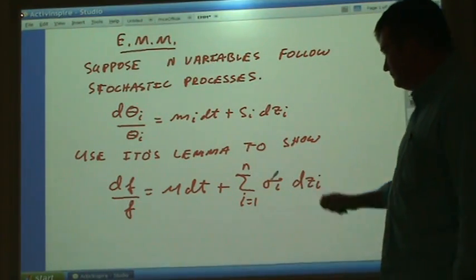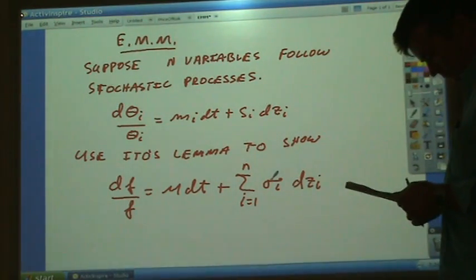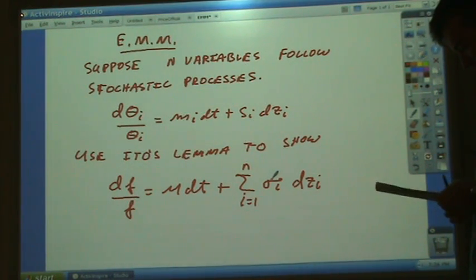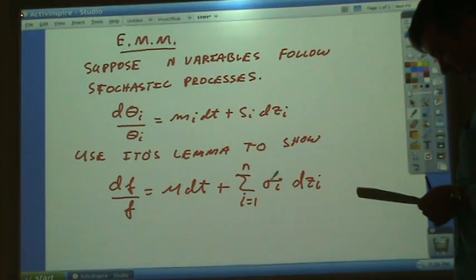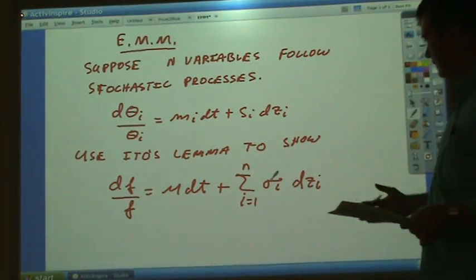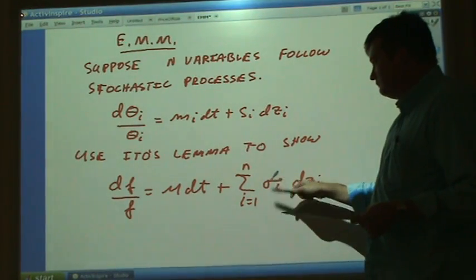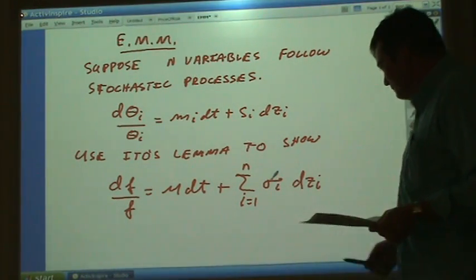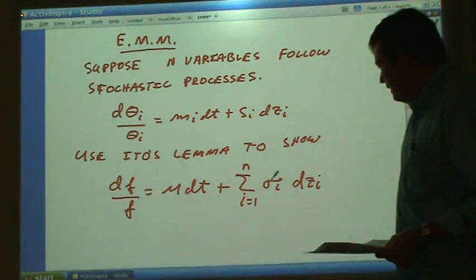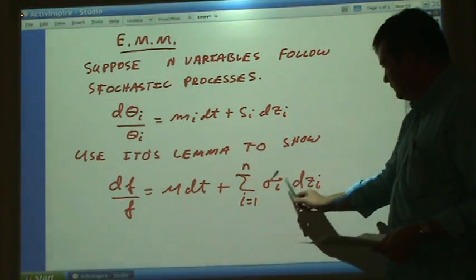We'd add them up. So that's where mu is the expected return of the security, and then these are the individual volatilities times the individual Wiener processes.